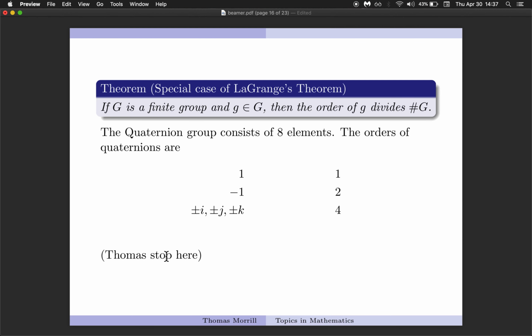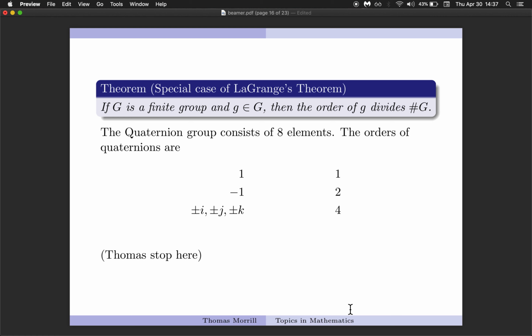That's the only one in this group that has order 2. And then finally, the remaining quaternions are plus minus i, plus minus j, and plus minus k, and I claim that all of those have order 4. So all of the orders that I get here are divisors of 8.